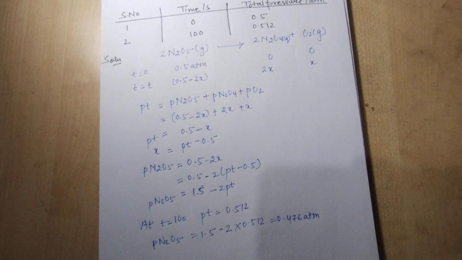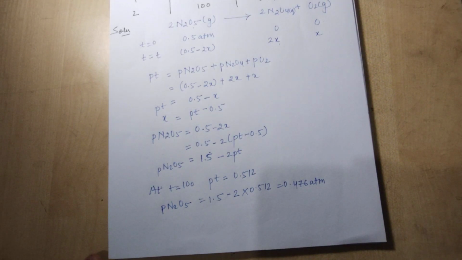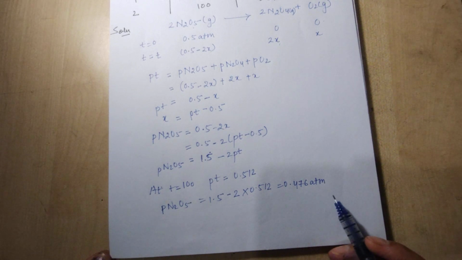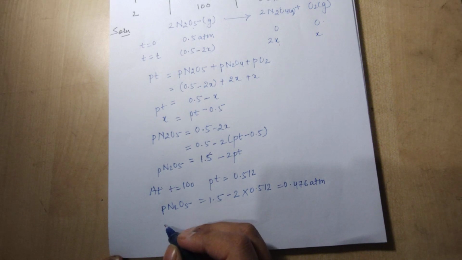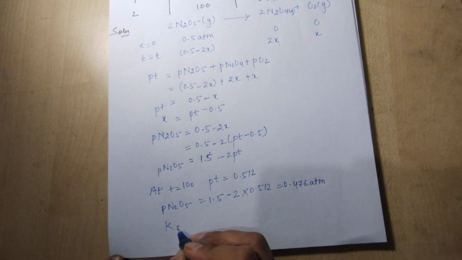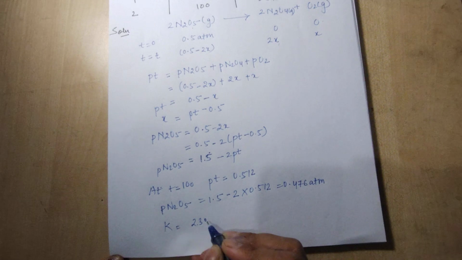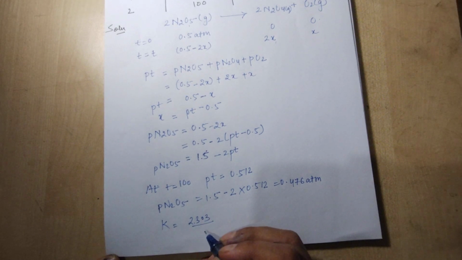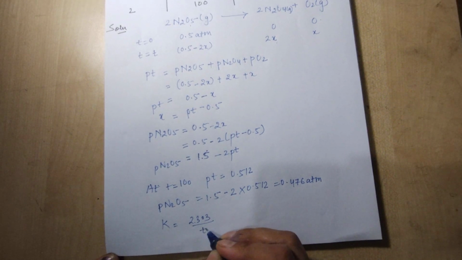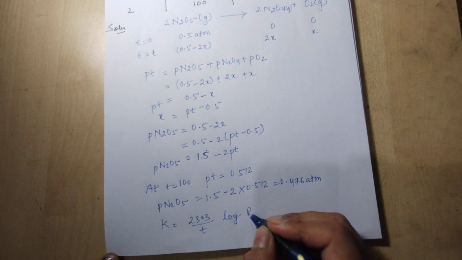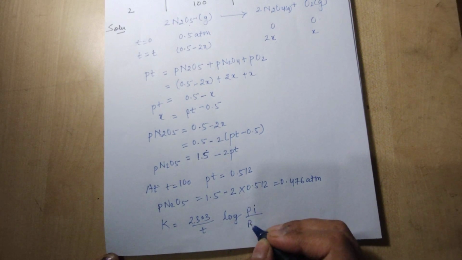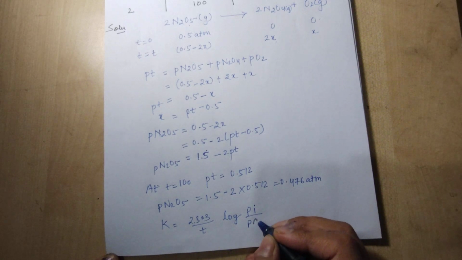Now putting this value in the equation, we get K is equal to 2.303 upon T log Pi upon Pa.